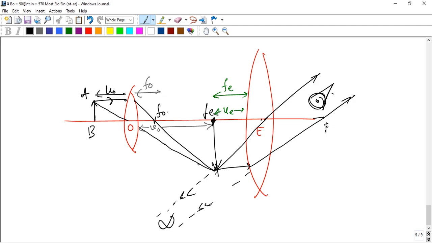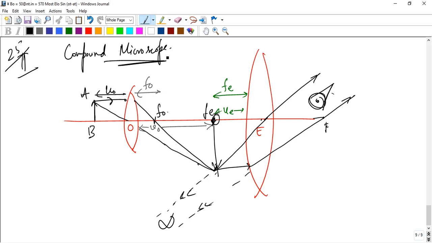That's the compound microscope diagram, question 25, part 2, compound microscope.